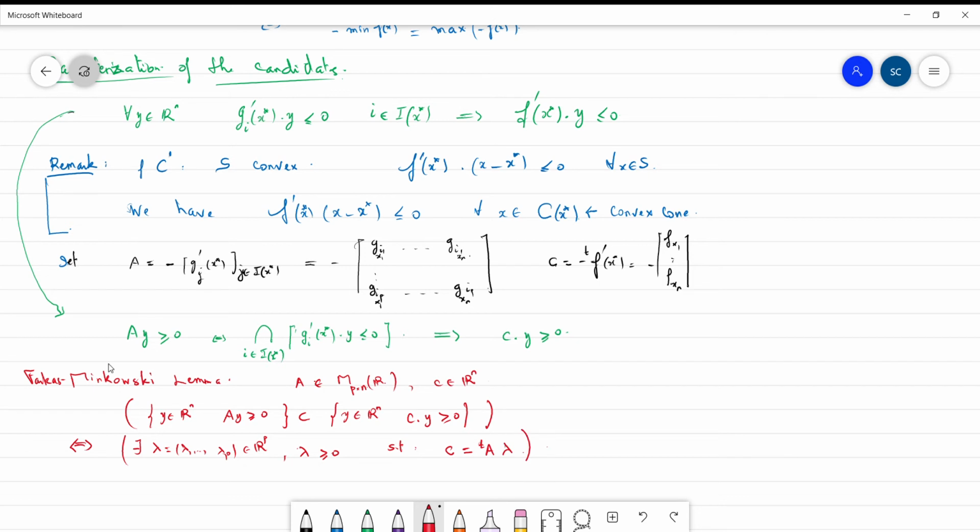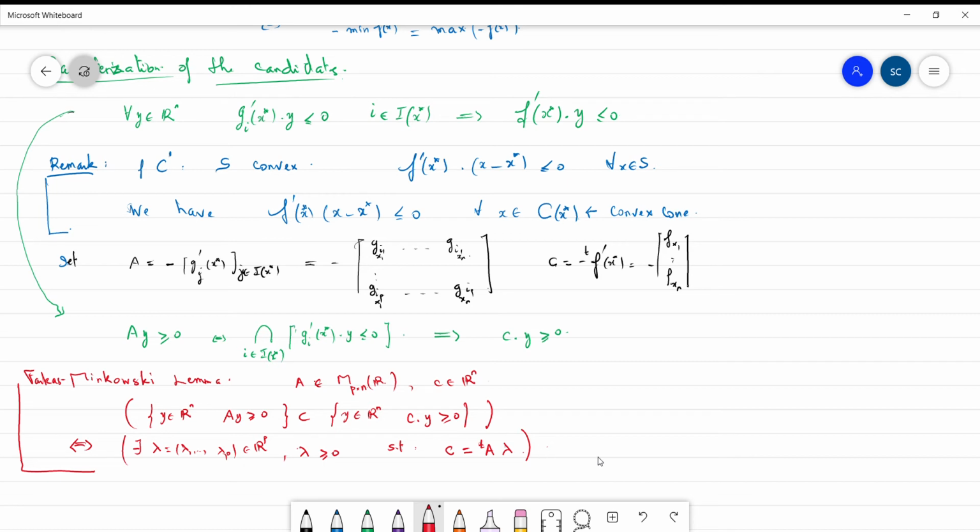You see how there is a connection. If the set of vectors Y satisfying the inequality is included in this one, then necessarily there is a connection. Here it is, how it is expressed.